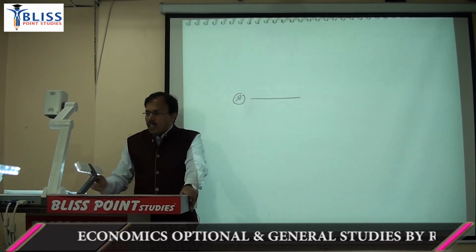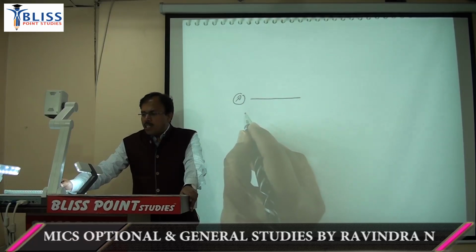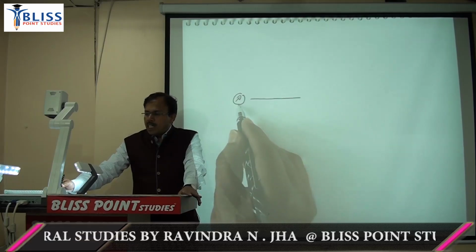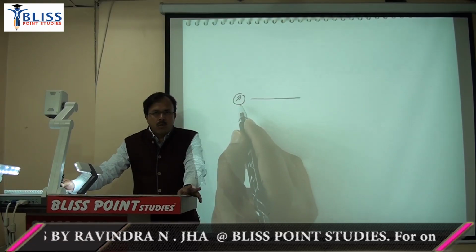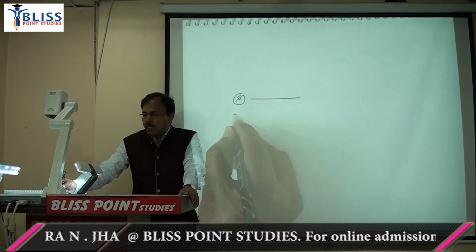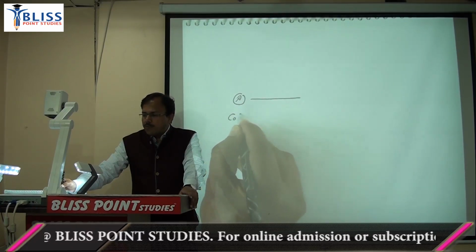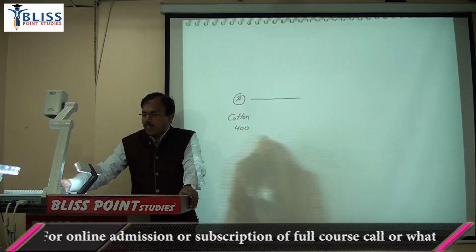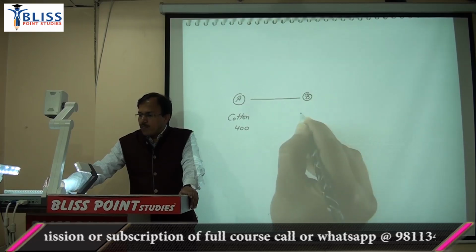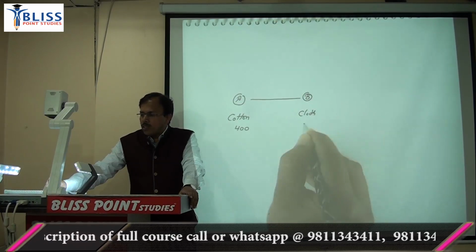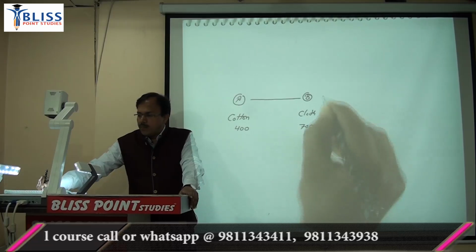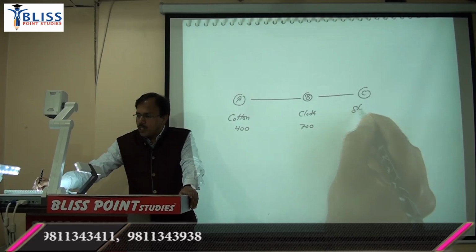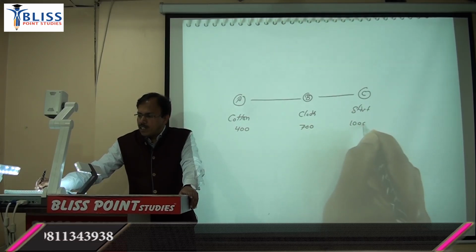Then obviously GST is always reducing the cascading effect. But what exactly was that cascading effect? The cascading effect was a form of tax on tax. Let me give one example, it will make many things clear. If person A is selling cotton worth 400 to person B, who converted it into cloth and sold it at 700 to person C, who converted it into a shirt and sells it at 1000.